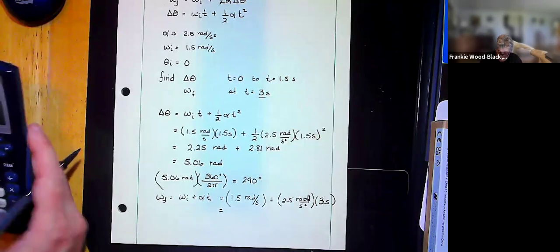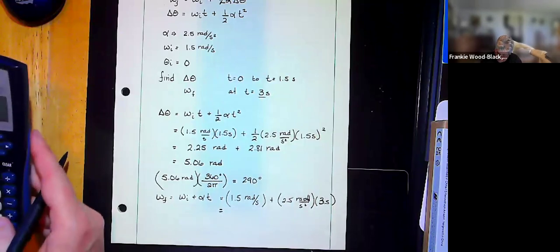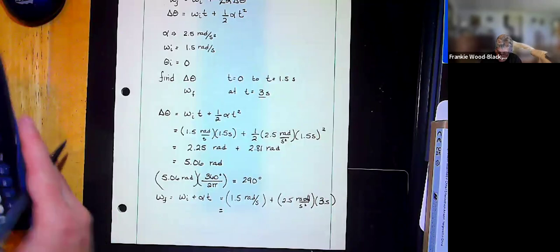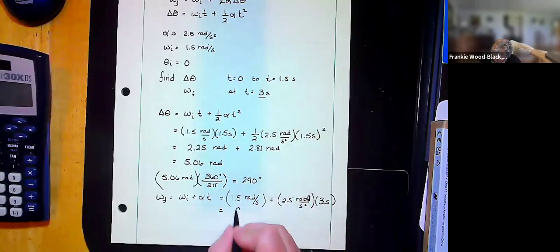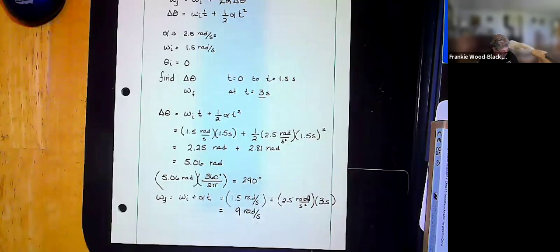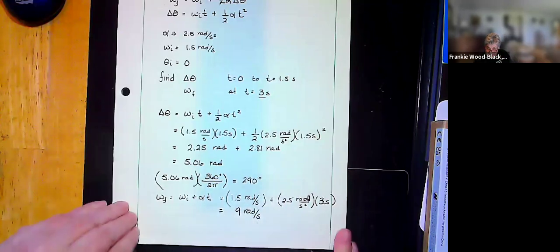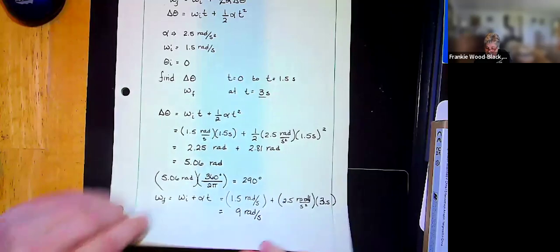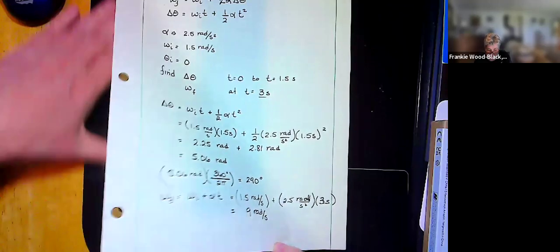Get our 2.5 times 3 plus 1.5. We're going to end up at 9 radians per second. So we can work those same kinds of problems that we had before.